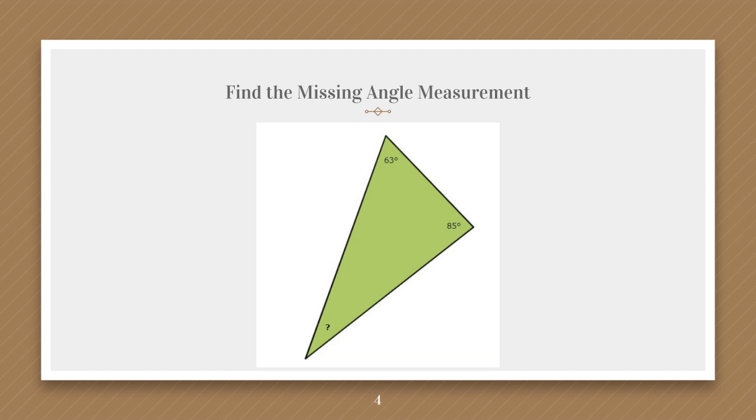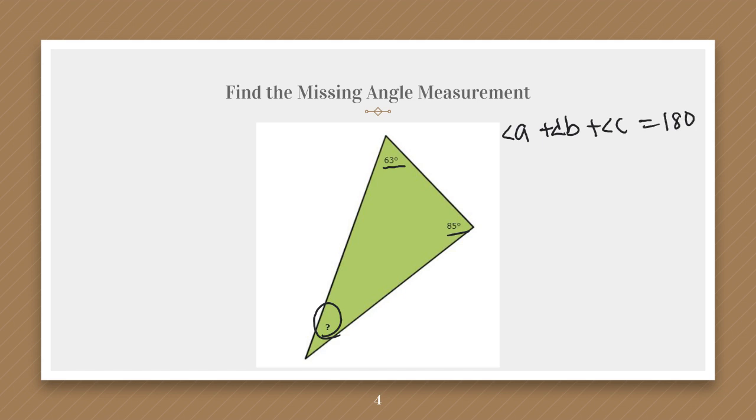So now we are asked to find the missing angle measurement. I have two angle measurements that I know and one that I don't know. I have one that's 63 degrees and one that's 85 degrees, and then I have this unknown angle down here. So remember that angle A plus angle B plus angle C needs to equal 180 degrees.